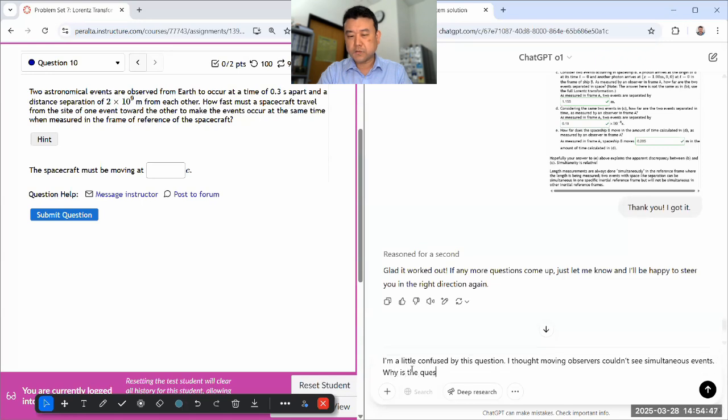Why is the question asking me how fast to move the spaceship to make something that wasn't simultaneous?